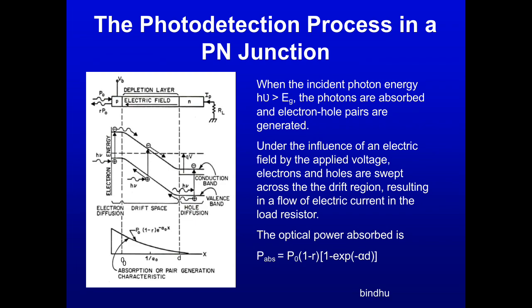Under the influence of this electrical field in the intrinsic layer, the depletion layer of the PIN diode, the generated electrons and holes are swept across the drift region. So you can see the diagram over here. You have an incident photon.